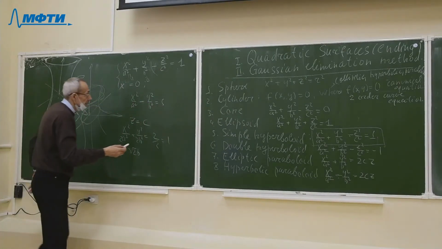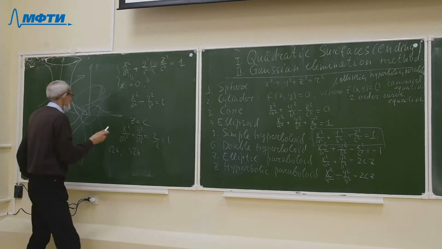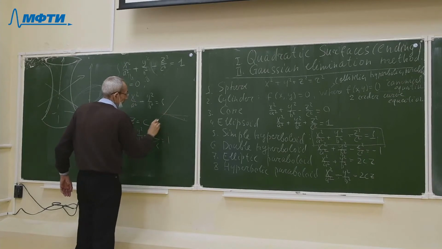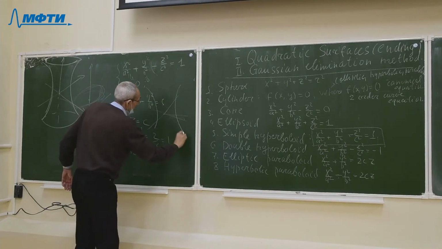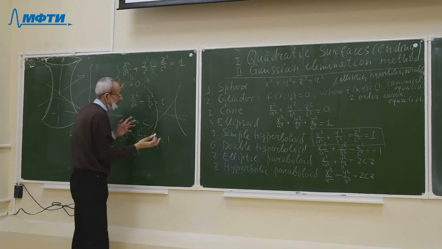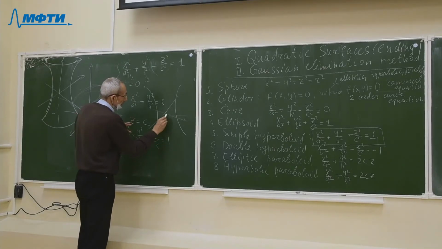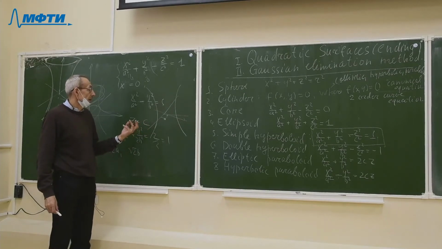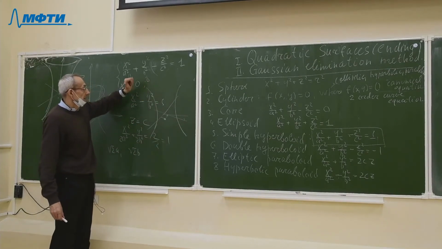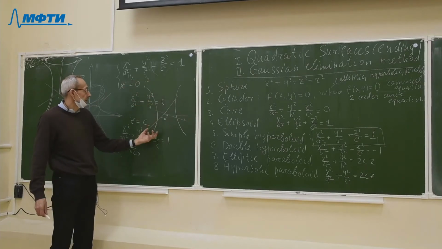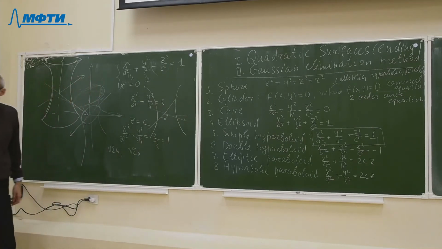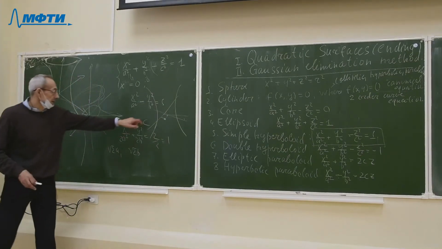And easy to see this case. If two coordinates are small enough, this point lies in the interior of the domain of the surface, the interior of our simple hyperboloid, but not on the surface.